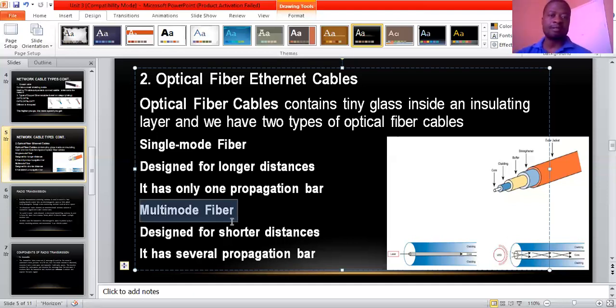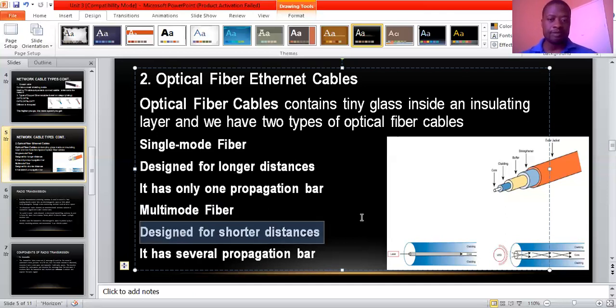And then the second type of optical fiber cable is multi-mode. The multi-mode is designed for shorter distances, so it's the opposite to single mode. Single mode, we said, is for longer distances, so the multi-mode one is for shorter distances. And it has several propagation bars.